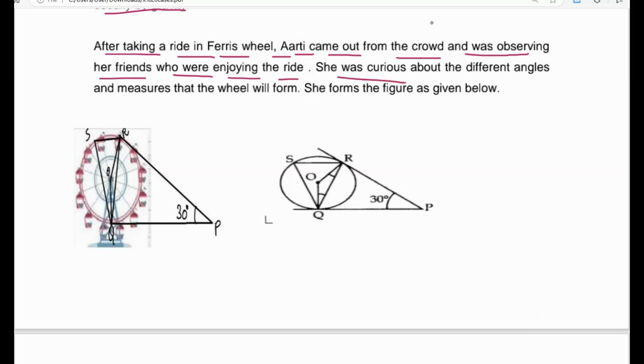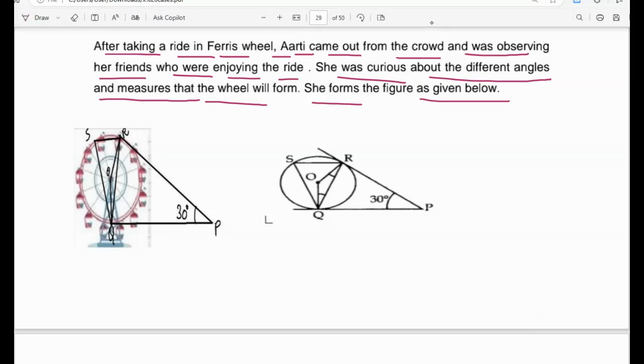She was curious about the different angles and measures that the wheel will form. She forms the figure as shown below. So she imagines what the angles will be which are formed by the Ferris wheel rotating from where she is standing. It is 30 degrees, she observes. So now, what are the questions you have?